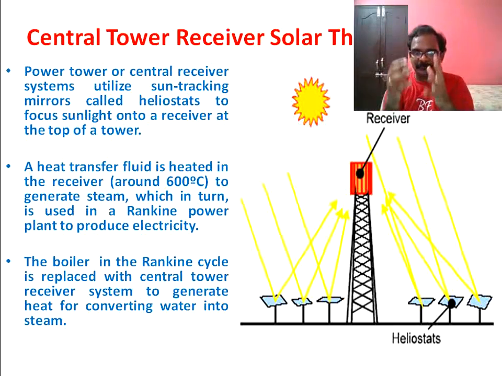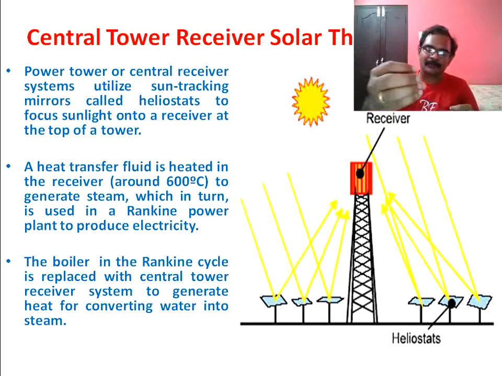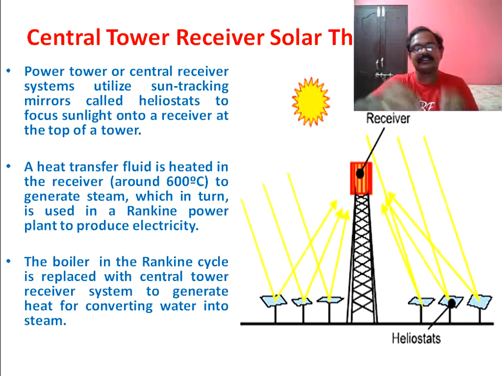And that absorber will get heated up, and now water will be sent into that absorber, which is at the top of the central receiver tower, and it will transfer the heat to the water, and the water will become steam. Again the concept is the same.